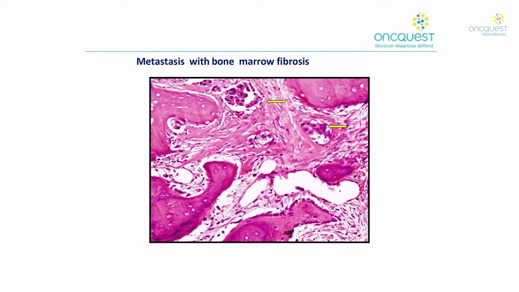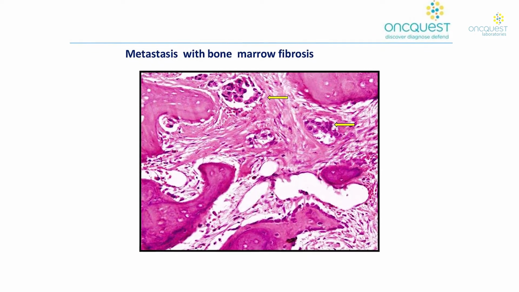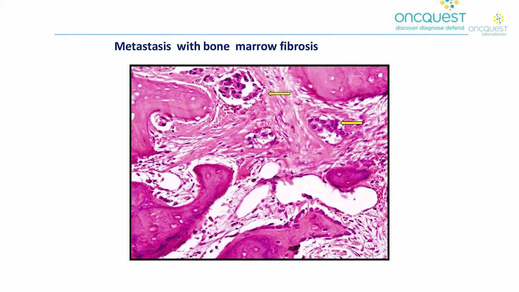A major part of the metastatic deposits are associated with bone marrow fibrosis, and in them again the bone marrow biopsy is essential to diagnose, because the bone marrow aspirate is inadequate, and the fibrosis and fat in the marrow do not allow the aspirate to be cellular, hence the need for a bone marrow trephine biopsy.